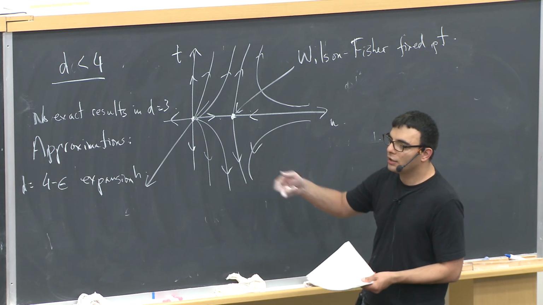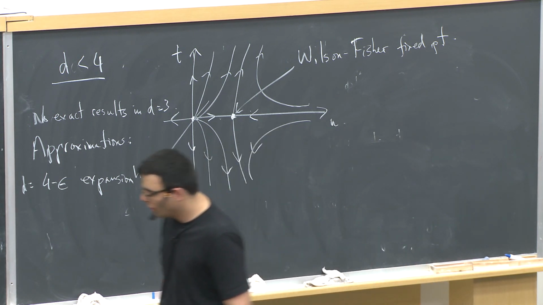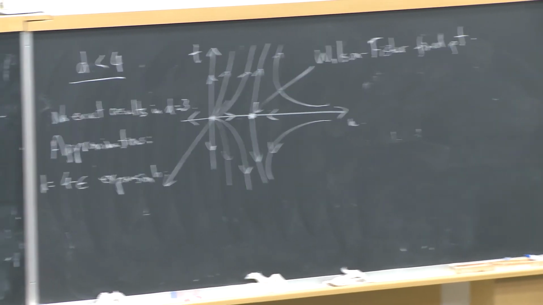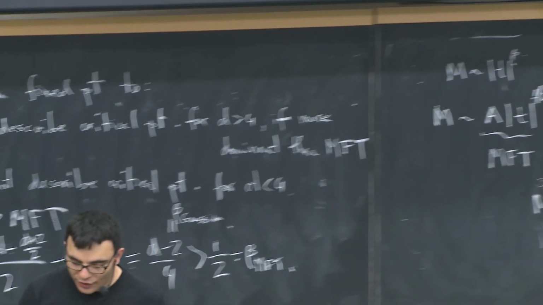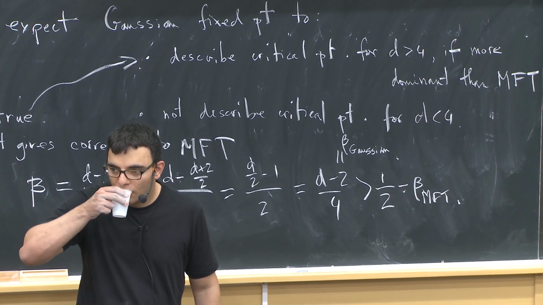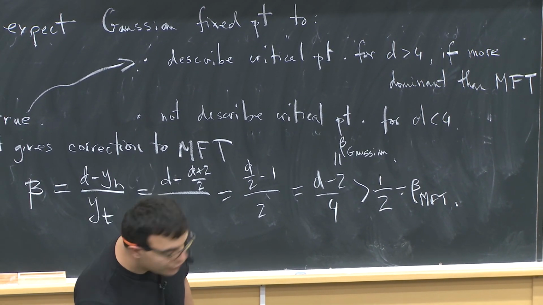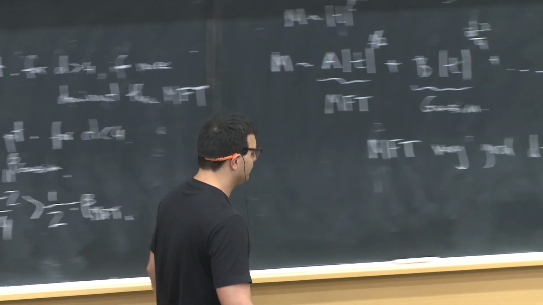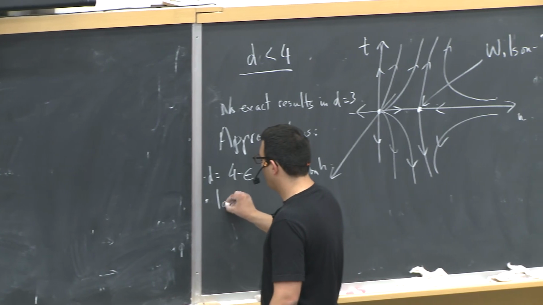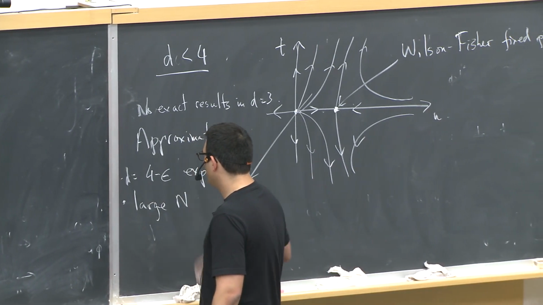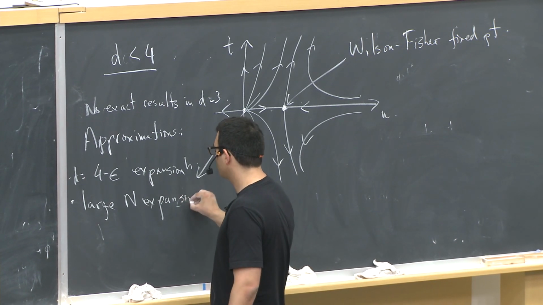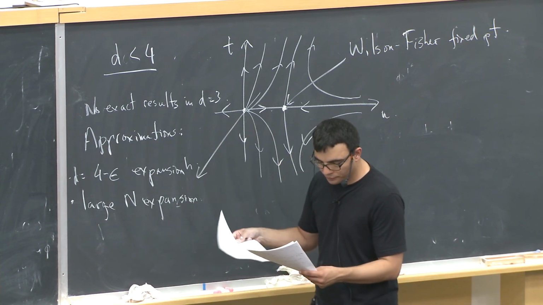So we can define this theory in any number of dimensions, and in particular, we can take the number of dimensions to be 4 minus epsilon, where epsilon is a very small number. And in this case, we can do perturbation theory in epsilon, and we can try to understand this fixed point. And then we can try to extrapolate it to 3 dimensions. And another approximation scheme is a large N expansion. And I will discuss that briefly after the break.